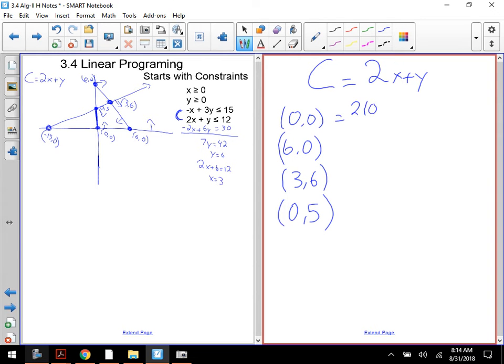2 times 0 plus 0 is 0. 2 times 6 plus 0 is 12. 2 times 3 plus 6 is 6 and 6 is 12.